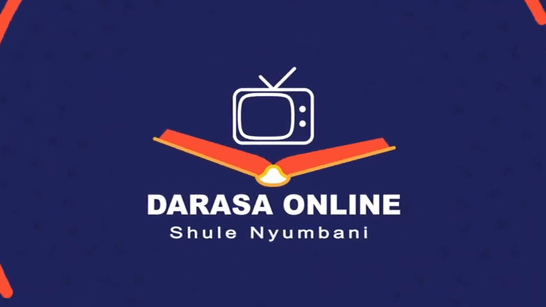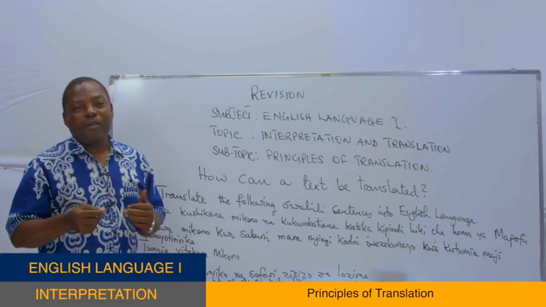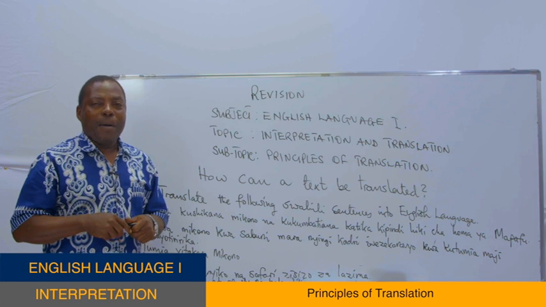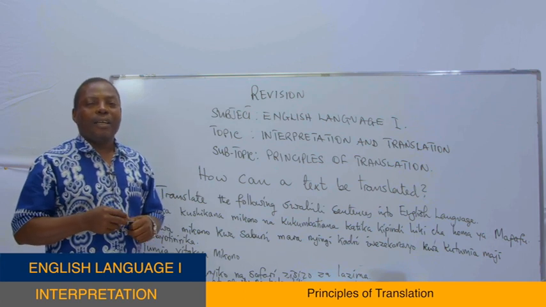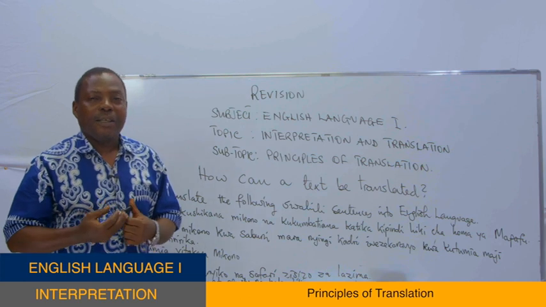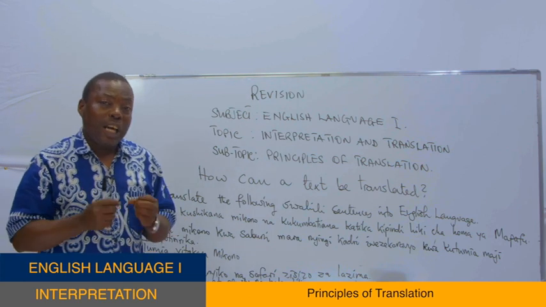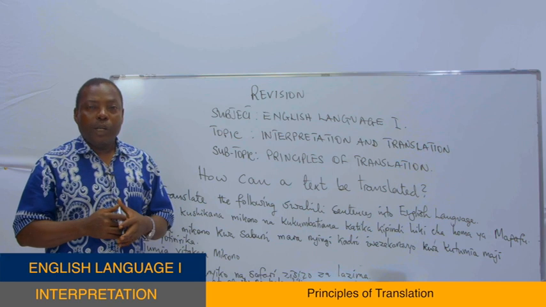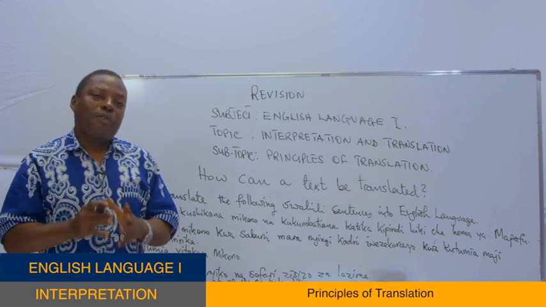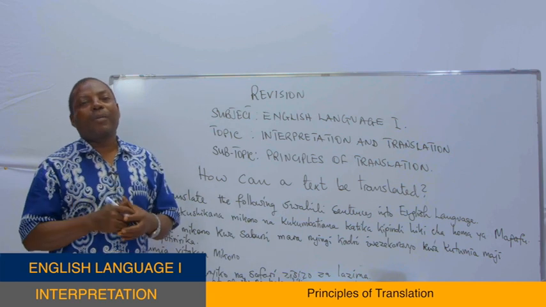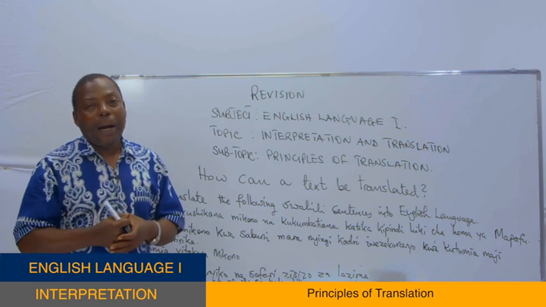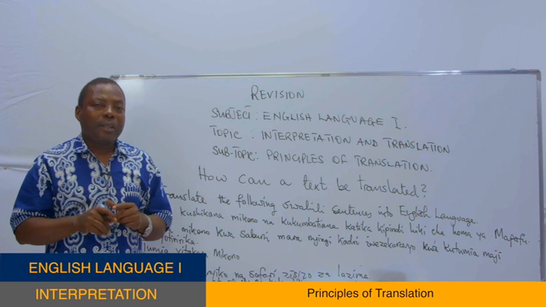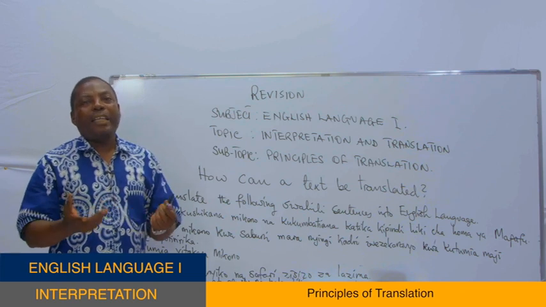You are watching Darasa Online. Having the knowledge of principles of translation and all the qualities of a good translator, plus the methods of translation and the stages of translation, and many more materials that we have shared today, I believe right now when you are given a text, it will be easier for you to transform it from one language to another, which again will depend on whether you have been asked to change it with a direct method, literal method, or communicative one.